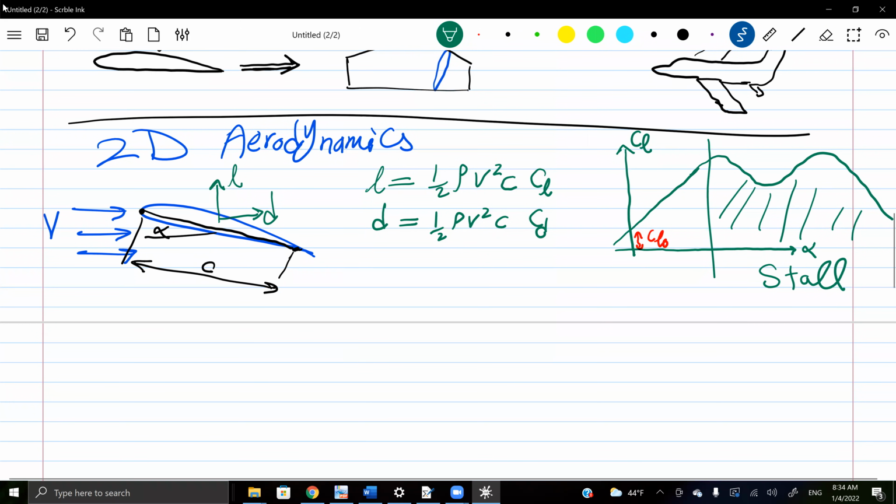And B times X, so something times alpha. This something, which is the slope, we call it CL alpha. So in conclusion, CL is a constant, CL naught, plus CL alpha times alpha.